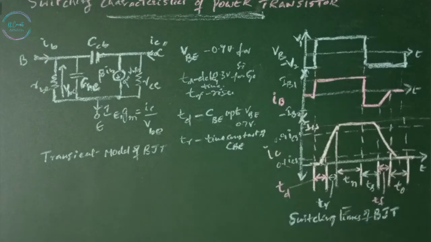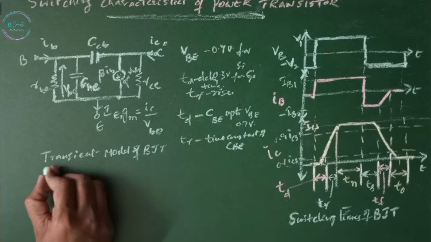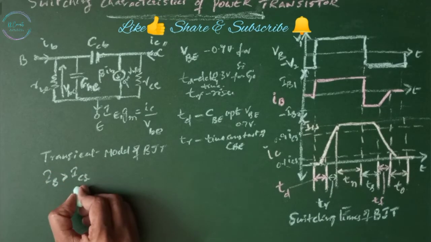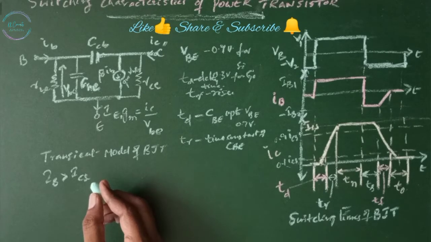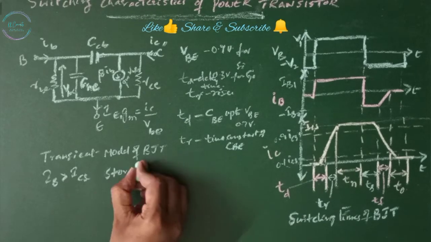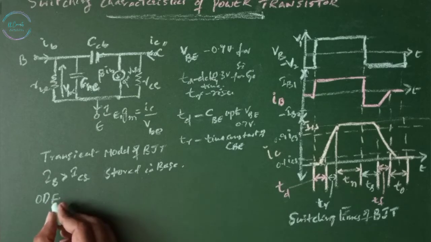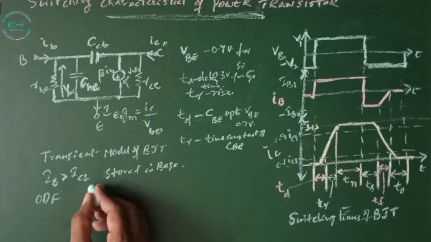Base current is normally more than that required to saturate the transistor. IB is more than IBS. This results in excess minority carrier charge being stored in the base region. The higher the overdrive factor, that is ODF, the greater is the amount of extra charge stored in the base. This charge, we call it saturation charge, and it is proportional to the excess base drive and the corresponding current IE.